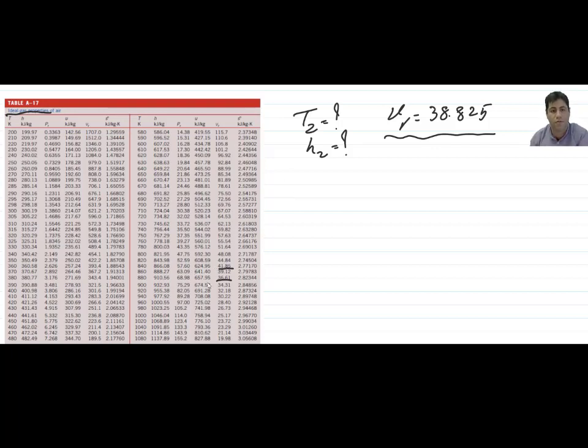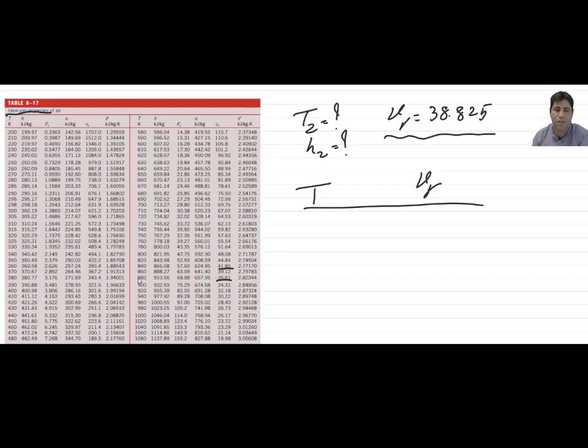First, we need to bring out this information from the table. Imagine we are interested in finding T2. So we need to have T, and we need to make this table.